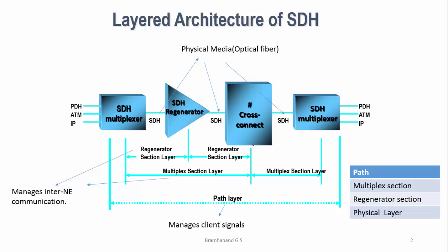Similarly, the regenerator section layer is between two regenerators, or between a regenerator and a mux or a cross connect. And the path layer is involved in managing the client signals from source to destination. So this is typically the high-level view on layered architecture.